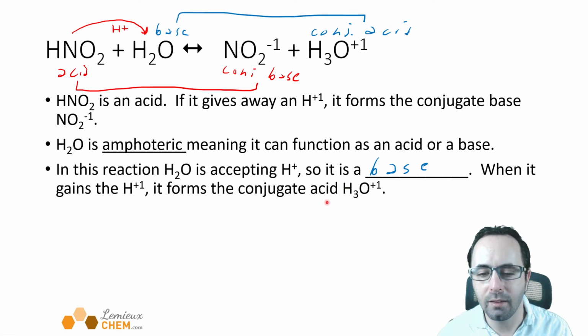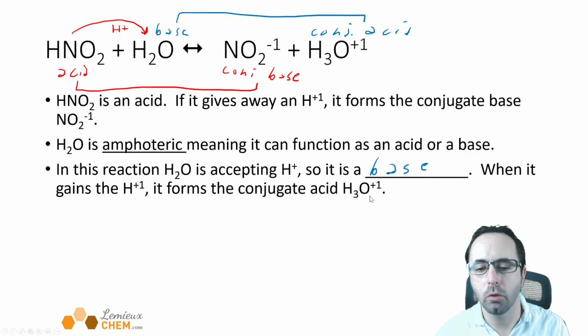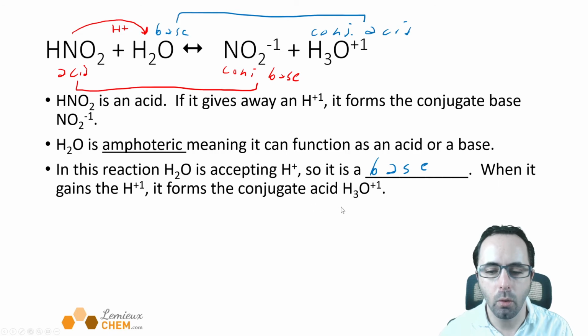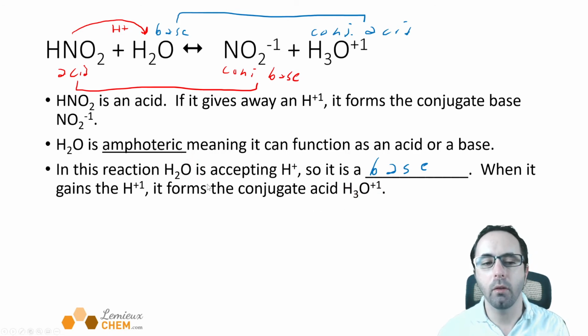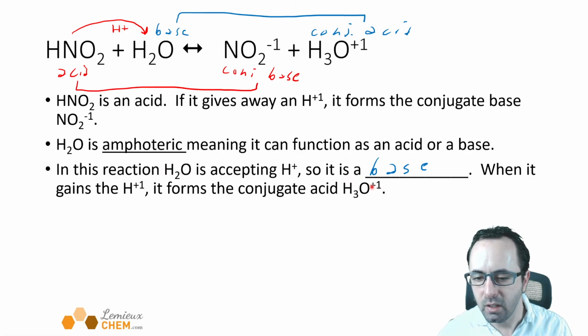Again, the conjugate acid is what you get if you add 1 H+ to a substance. So here we've added 1 H+ to water. So we have 3 H's, and the charge is up by 1 unit from 0 up to +1. And so H3O+ is the conjugate acid of water. And another way we say this is these are a conjugate acid-base pair, because water is also the conjugate base of H3O+.